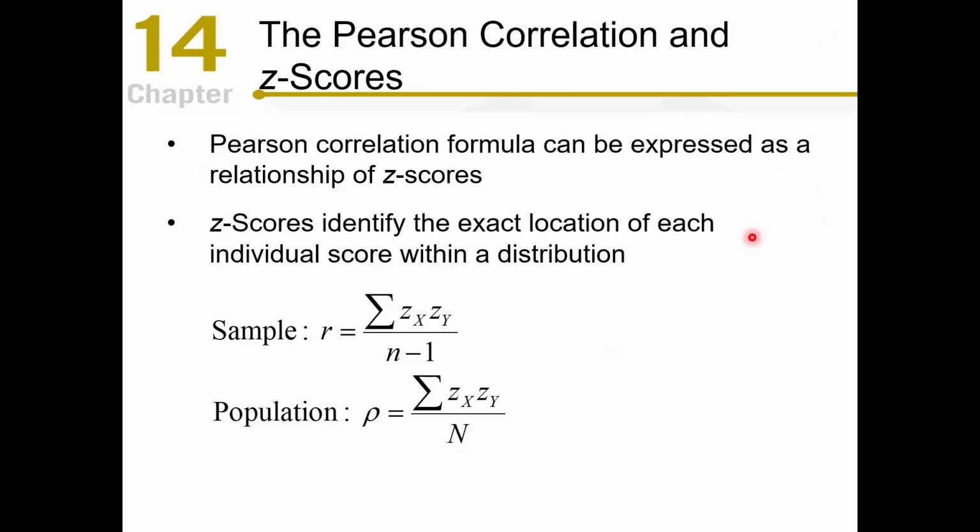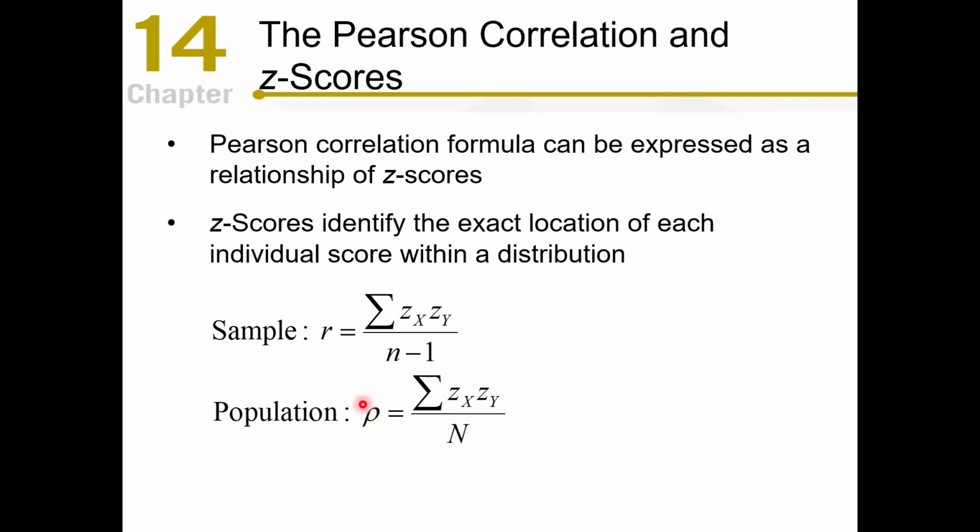So if you're calculating your z-scores, you can also use them to compute a correlation coefficient. We're not going to do that, but this is how you would do it for a sample.